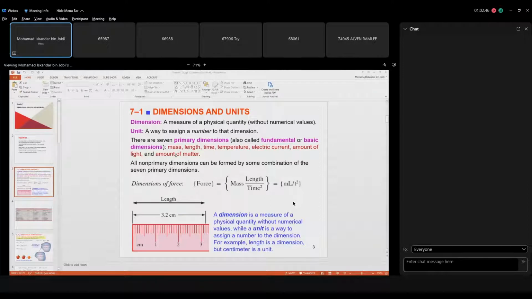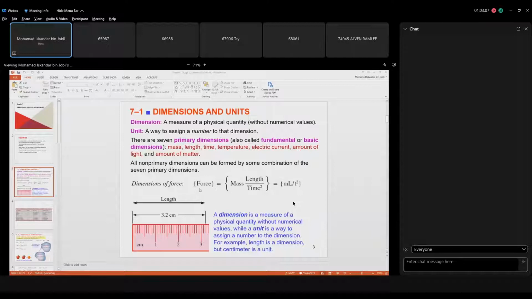You have to remember mass, length, time, temperature, electric current, amount of light, amount of matter. These are the only primary dimensions. So what you need to do now is to expand the force and write it down in the form of this symbol.